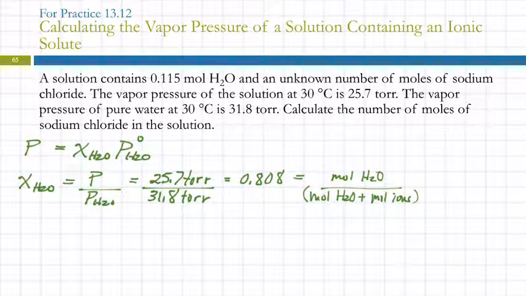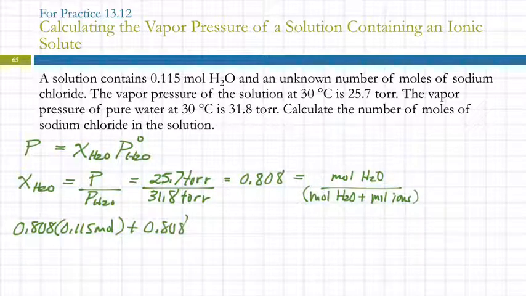So we're going to do some cross multiplying here. So I'm going to take the 0.808 times this denominator. So I'm going to get 0.808 times the moles of water plus 0.808 times the moles of ions. And that's going to equal the moles of water.